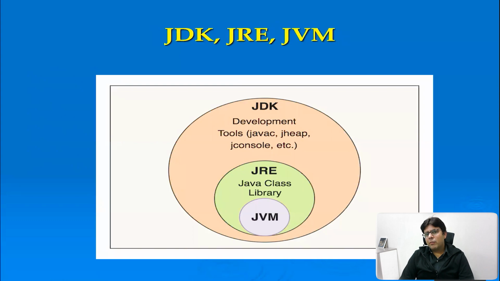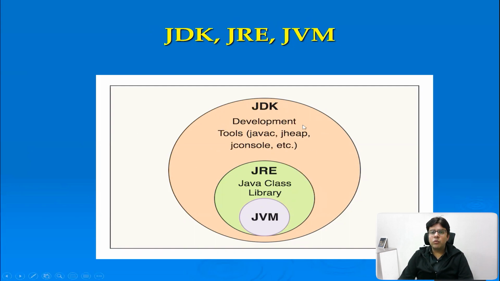This magic is because of the Java Virtual Machine. When we talk about Java, three terms are very much used: JDK, JRE, and JVM. There is a difference between them, and many people confuse these three terms, so let's differentiate between them. JDK stands for Java Development Kit. It is used for writing Java programs. It provides the development kit, the APIs, the console, and everything.